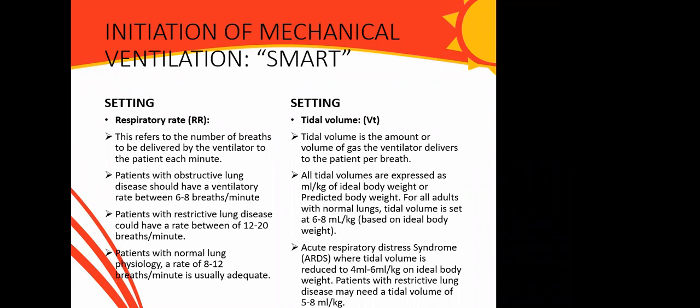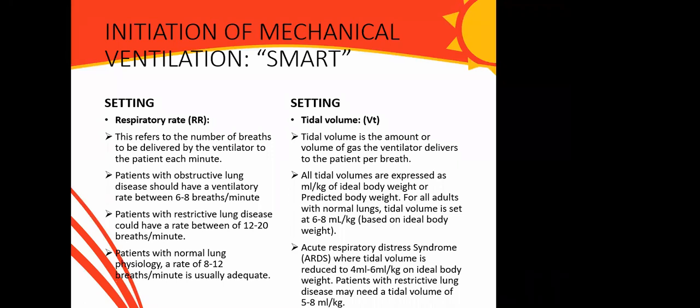So setting, like I mentioned before, you want to determine the respiratory rate that you want to give the patient. All right, tidal volume is calculated, and all tidal volume should be expressed as mils per kg of the ideal body weight. All right, for most patients, as well as for low volume ventilation, you want to give 6 to 8 mil.